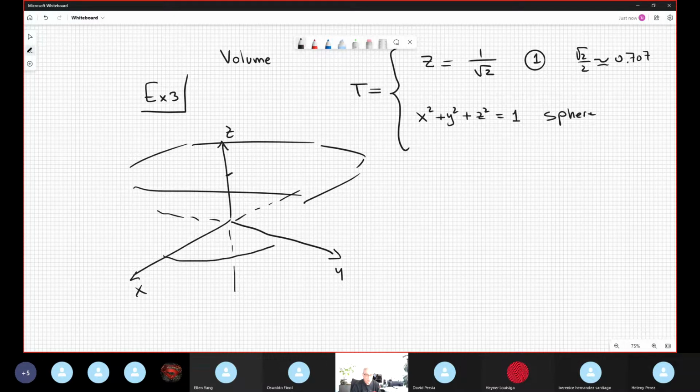Okay, this is 1. This is smaller. Now, wow. This is a piece of the sphere. Okay, the plane cuts off here. Okay, this is my solid. My solid looks like that.